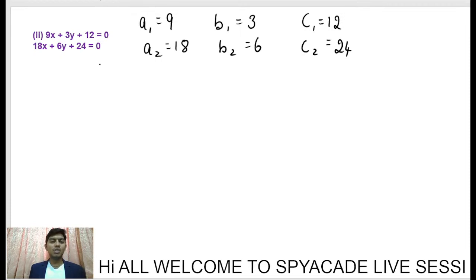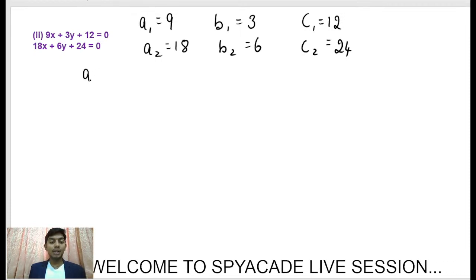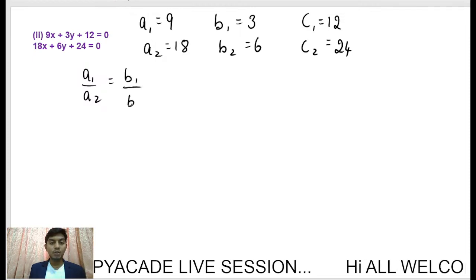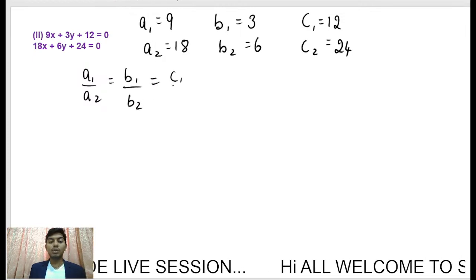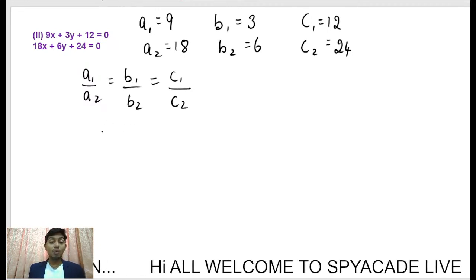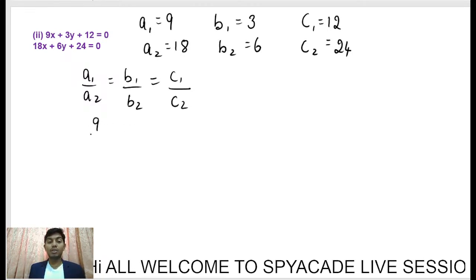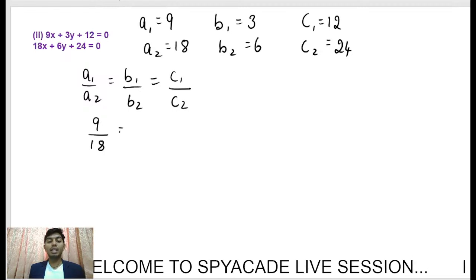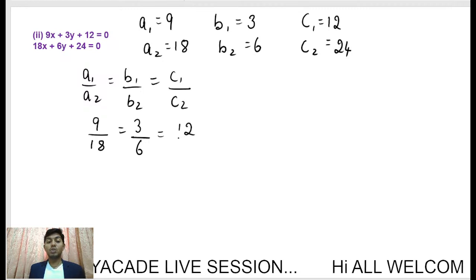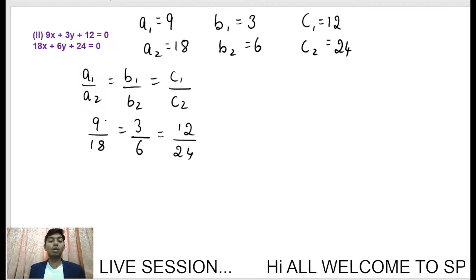So just to check, A1 by A2 is equal to B1 by B2 and it is equal to C1 by C2. This is the general condition I am writing. Now we have to check whether it is right or wrong. 9 by 18, 3 by 6, and then 12 by 24.